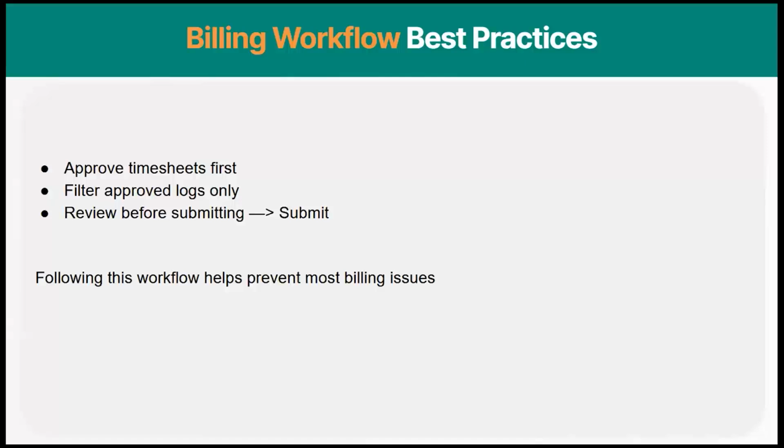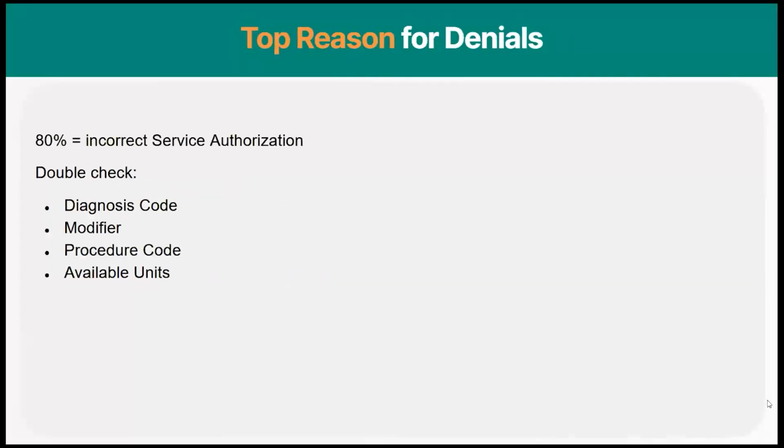Make sure the hours are correct, with no missing hours and no extra hours on the timesheets. Also, make sure that the service authorizations you have created for the clients have all the correct details before submitting any claims. Following this workflow helps prevent common billing issues and improves claim accuracy and turnaround time.